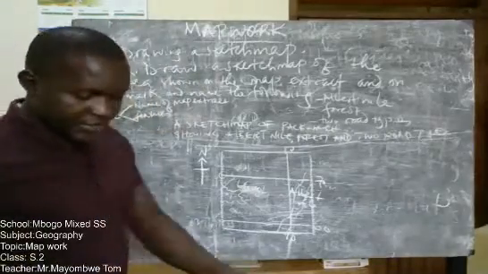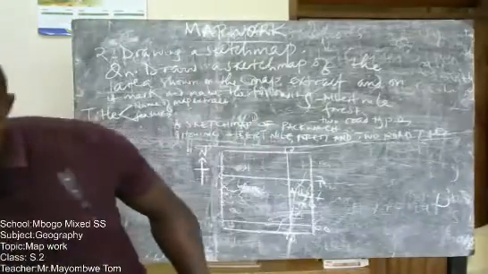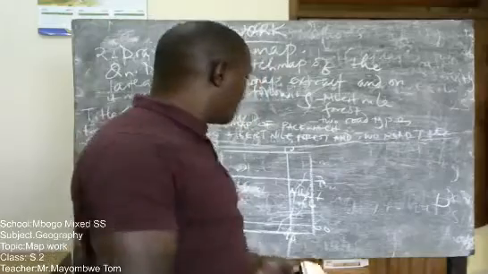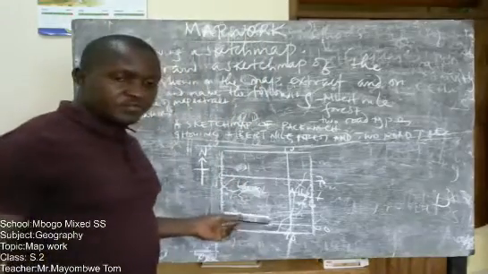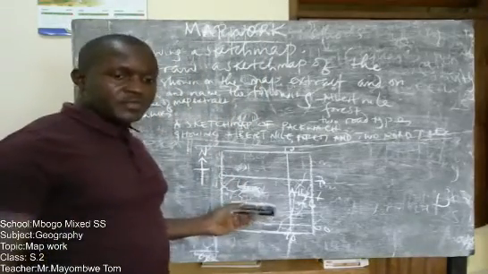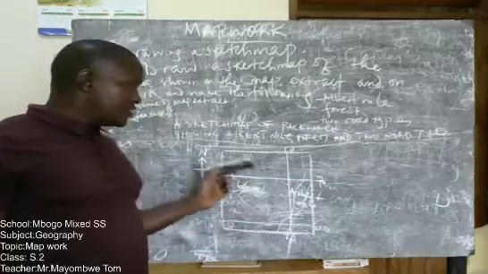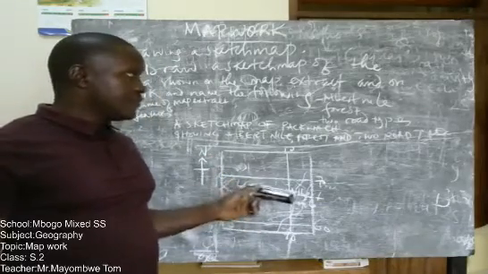Okay, of course, I think the sketch map has been understood very well. However, you have to be very careful when you are naming these features. You must be very careful.